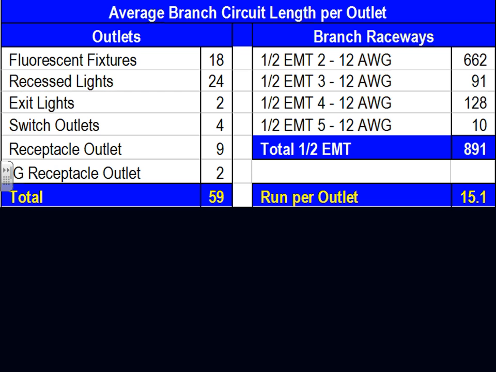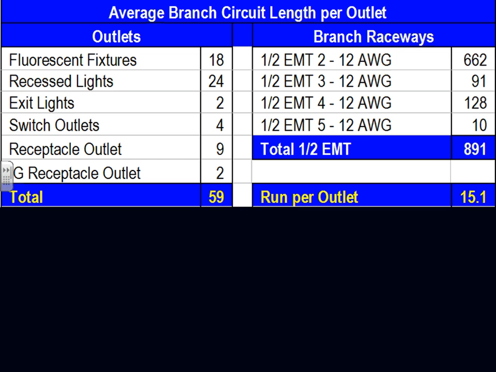That's one indicator. Here's an example, Jeff. Here's my fluorescent fixture, recessed fixture, exit light, switching outlet, receptacle outlet. These are all outlets. Add them up: 59. Remember, it doesn't matter if they are receptacle outlets or light outlets. Just add them as an outlet, an opening. Then here's the branch circuit that you have taken off: 1/2 inch EMT, 212, 312, 1412, 512.